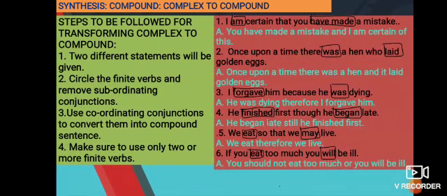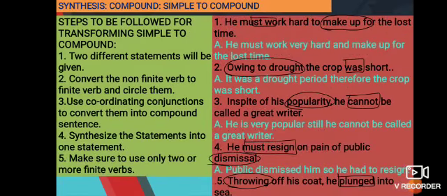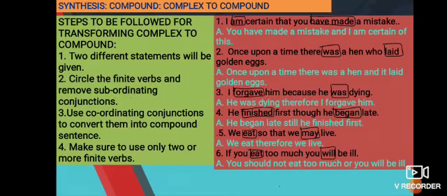Next, this is for example: I am certain that you have made a mistake. Now, these are the statements that are complex to compound. The earlier ones that you have done are simple to compound. Simple will have one finite verb and one or more non-finite verbs. So you had to change that non-finite to finite, but the only process to be done here is to just change the conjunction.